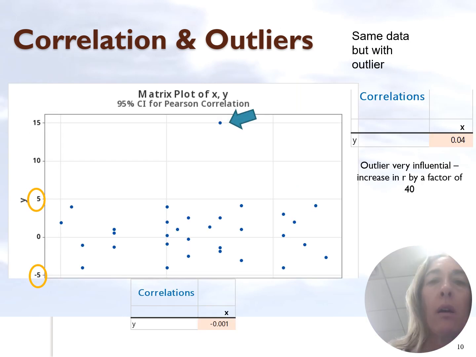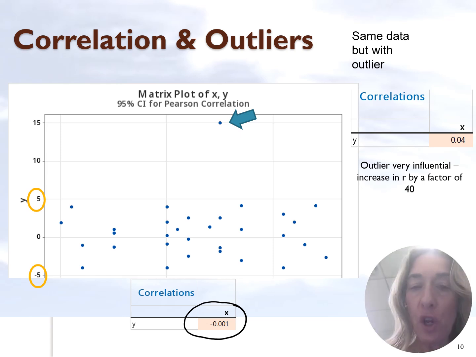Okay, shown here is our data with very small correlation. It's the same data as shown on the prior slide, just rescaled because we have added this outlier right here.